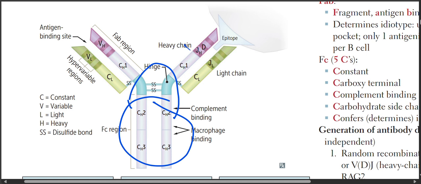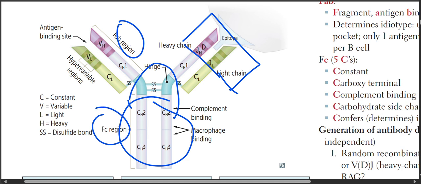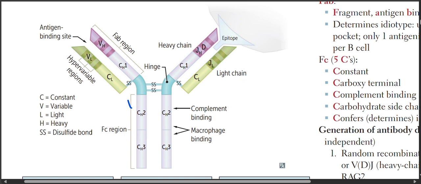Now, this portion here is where these antibodies will differ. This portion would be different in almost all antibodies. That is the exact binding region, and it's called the Fab region. The Fab region can be variable, but the Fc region is the fixed component of the antibody. That is what you need to remember.